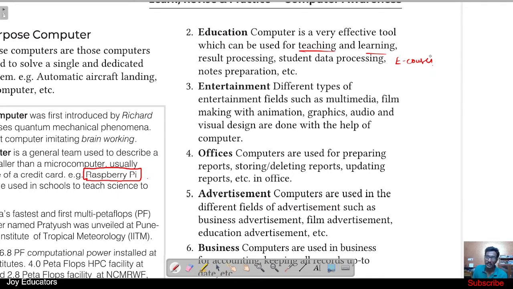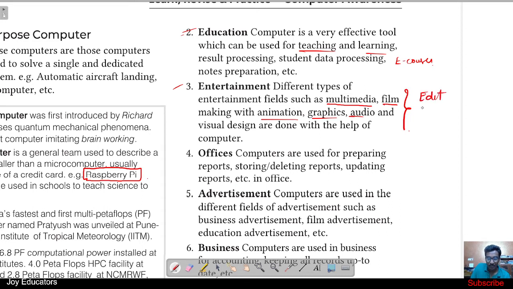There are so many courses, right? So we use them. And the third thing is entertainment. Entertainment fields such as multimedia, filmmaking, animation, graphics, audio and visual design. We will also try to learn how to edit.